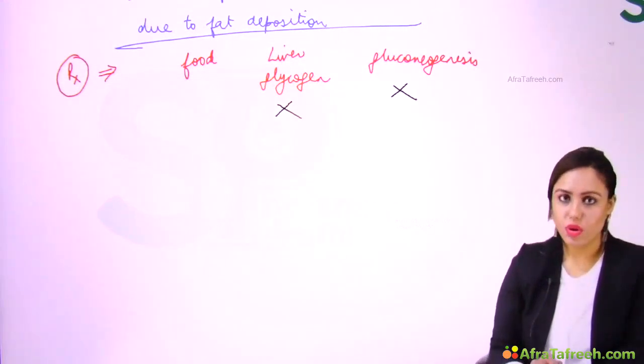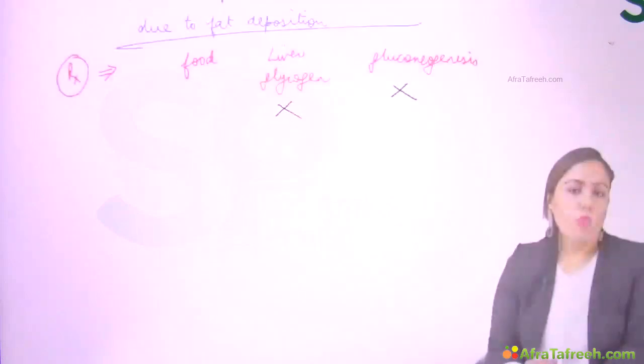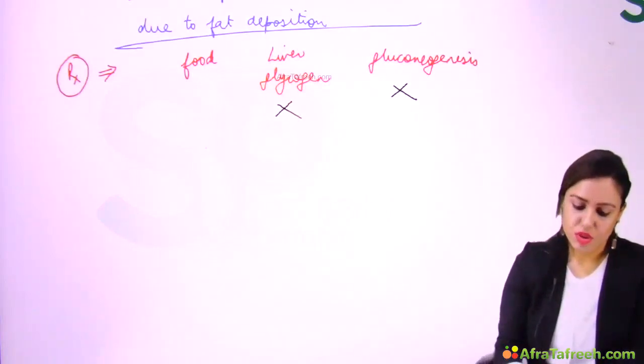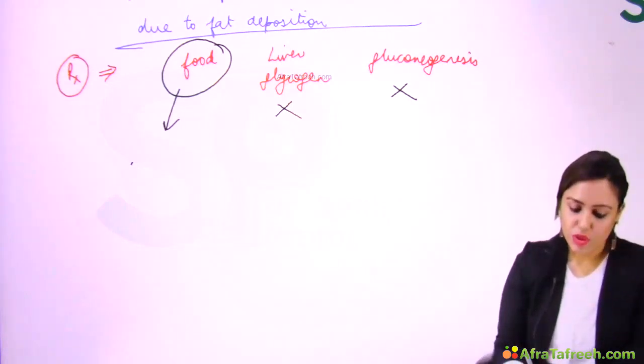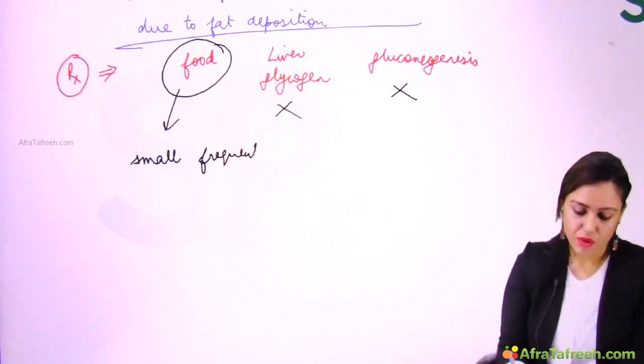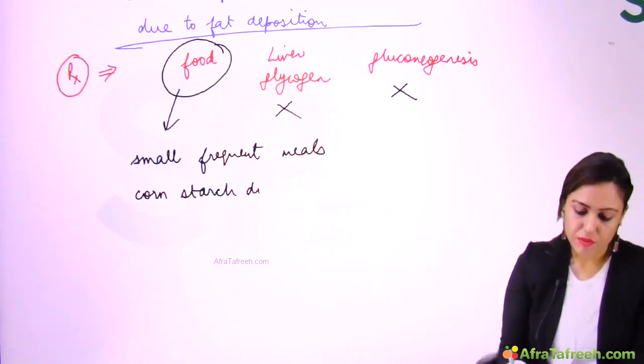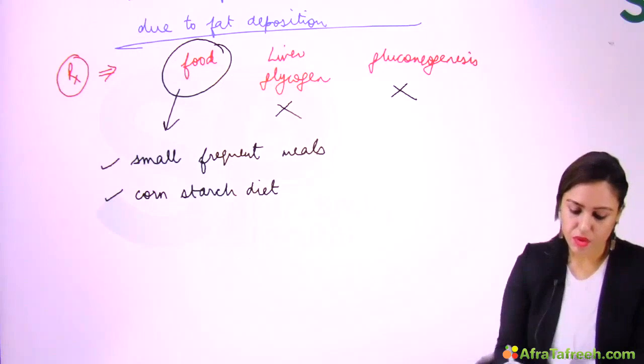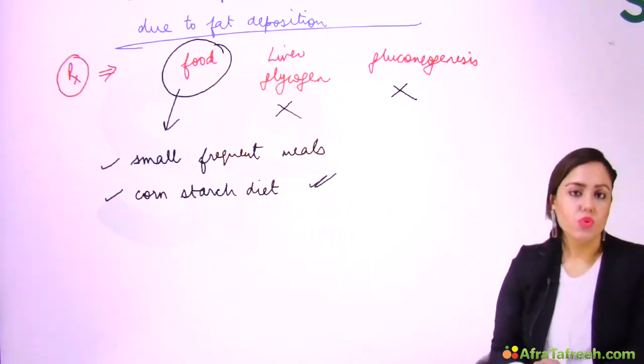Gluconeogenesis also cannot occur, right? So these patients can get their glucose only from food. So these patients should be given small frequent meals, and cornstarch diet can be given, which can give glucose for a longer period of time, right?